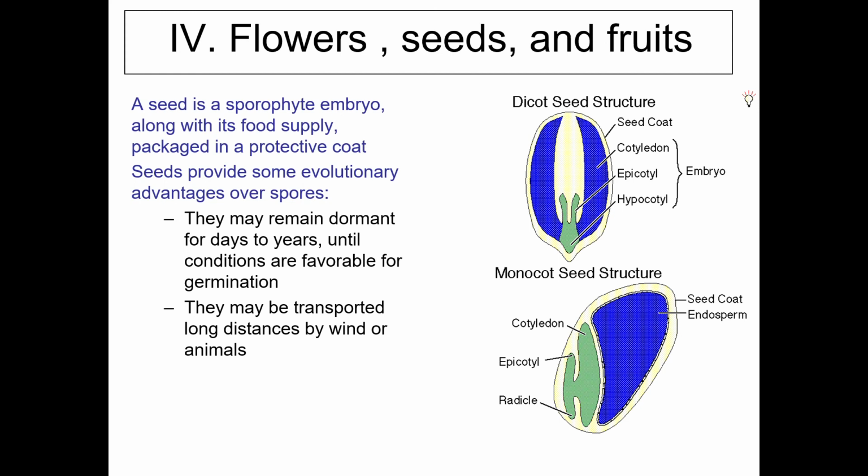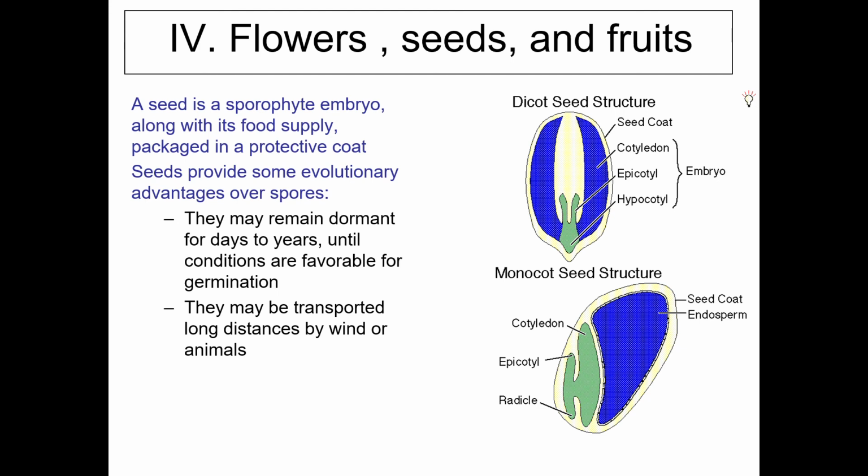Like the doomsday seed banks, where you have seeds stored, tens of thousands of different species of plants, in cold areas of the world like Norway. They store these seeds in case these plants go extinct, and then they can repopulate the planet with that particular plant, because those seeds will last years and years.